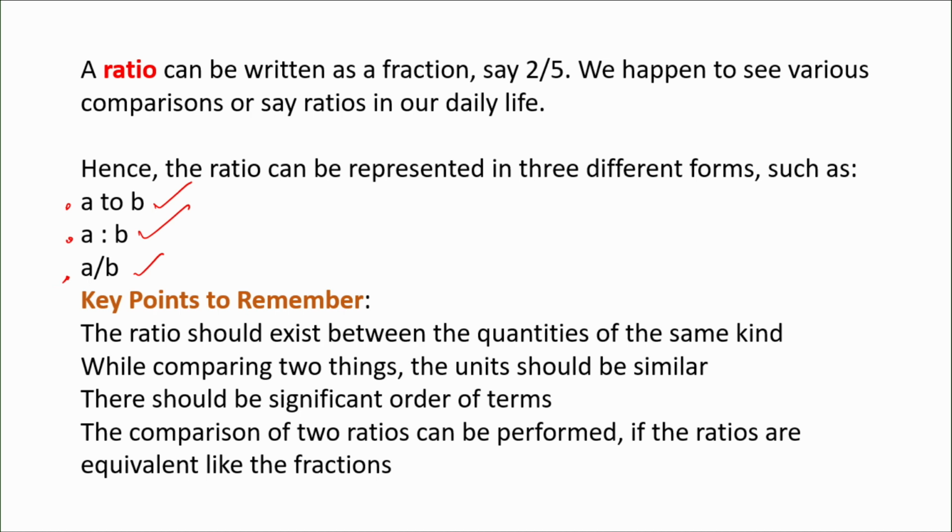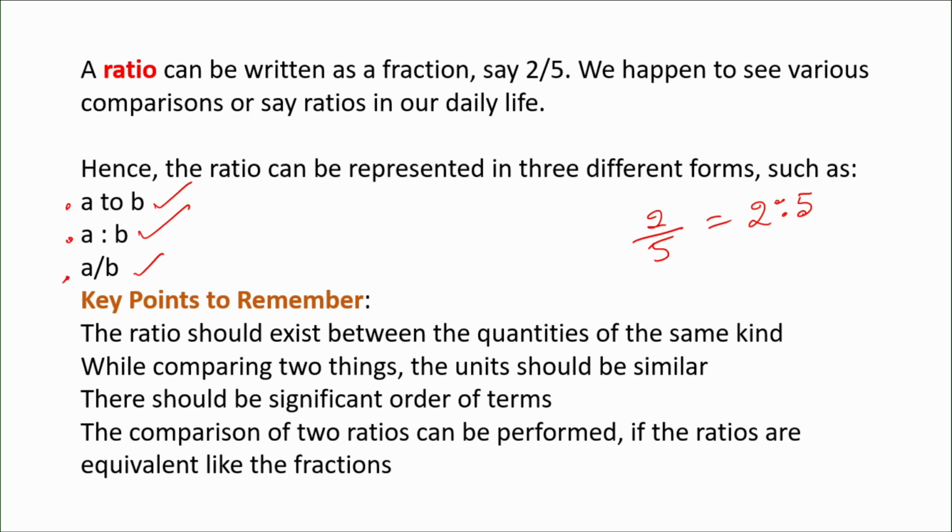So, we can write 2 by 5 as 2 is to 5 also. So, these are different forms of the ratio. Do you understand the three different forms: A to B, A is to B, A by B.